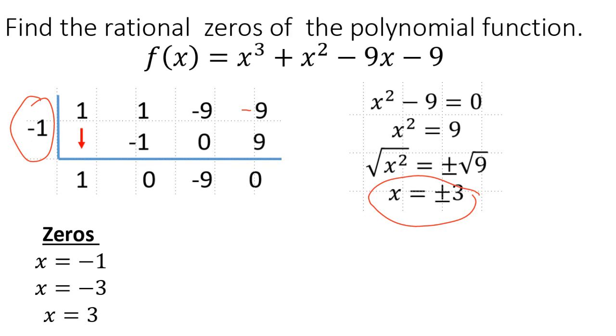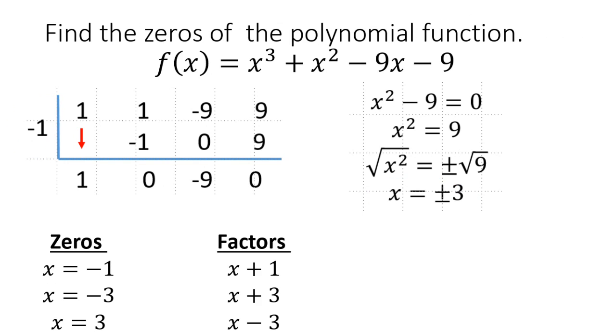Okay, now something that you're going to need to be able to do later on in this section is get the factors as well. So since I have my zero x equals -1, I can find the factor if I take this -1 to the left side and set it equal to 0.